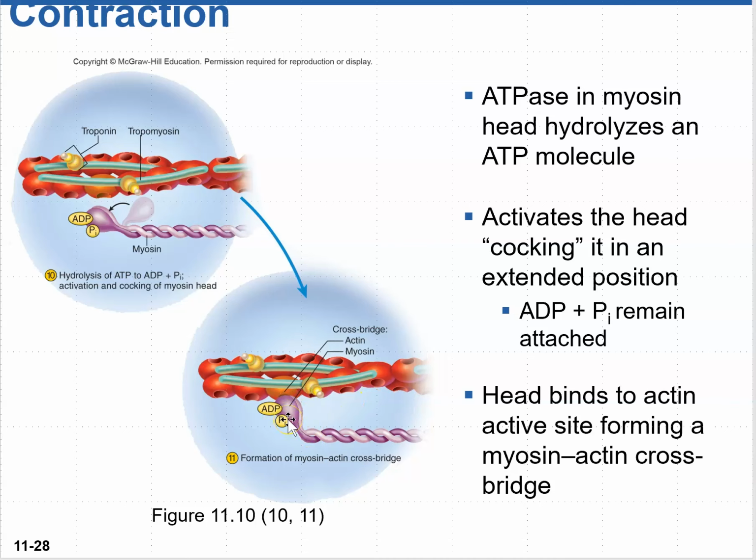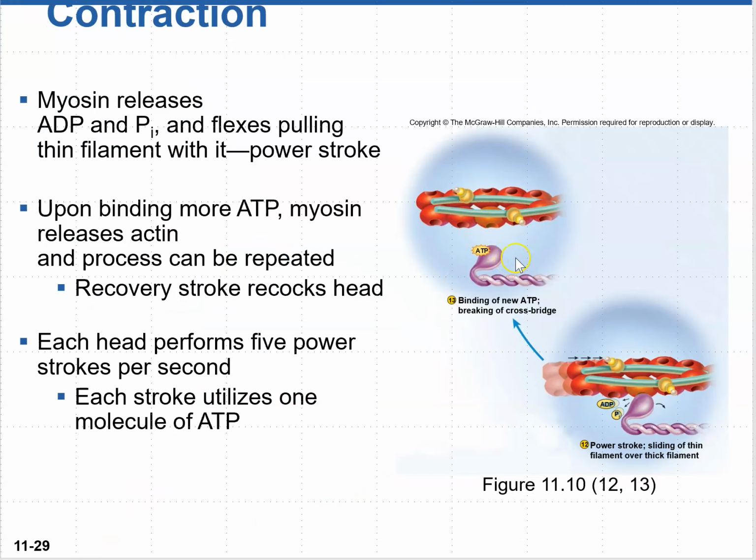Okay, and when ADP and Pi are released, ATP can form back from ADP and Pi. This free phosphate combines with ADP to form ATP, which can be reused for another contraction cycle. So when myosin releases ADP and Pi, it pulls the thin filament towards the sarcomere, and this is called a power stroke.